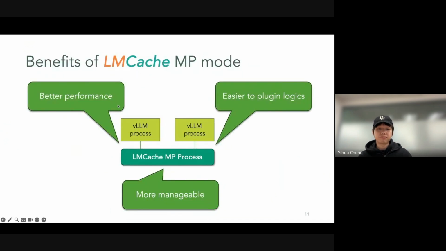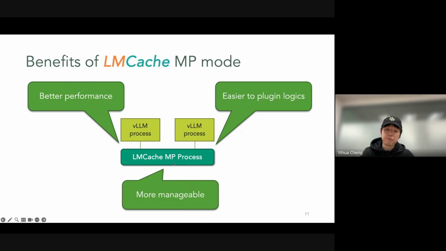By having this multi-process architecture, we get a lot of new benefits. First of all, we enable better performance because we are doing much less overhead inside vLLM. Also, separating this MP process allows users to plug in a lot of new logic without worrying about whether it will slow down the serving engine's inference.